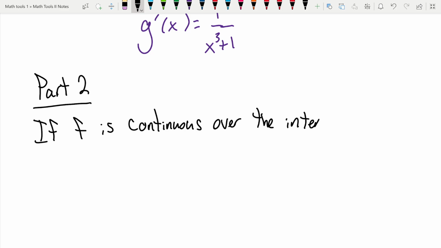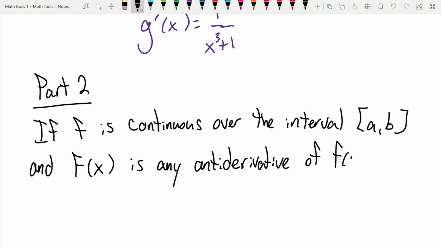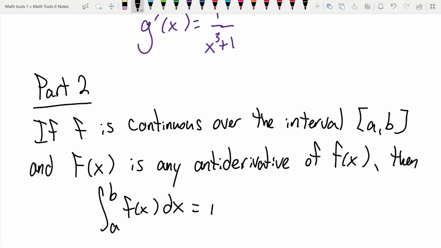over the interval AB, and capital F of x is any antiderivative, and I'll define this separately, of f of x, then the integral from a to b of f of x dx is equal to capital F of b minus capital F of a.